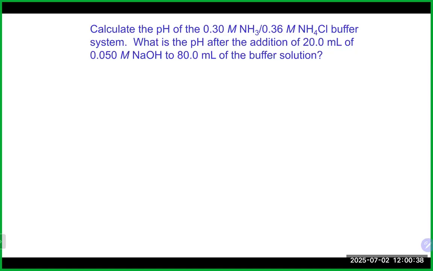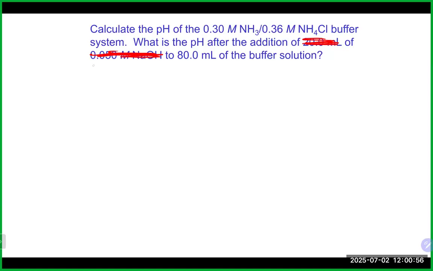Okay, so we did this one, but why don't we mix it up and do the same buffer as we did on the last one, just to do one more here. But instead of sodium hydroxide, why don't we add some HCl?